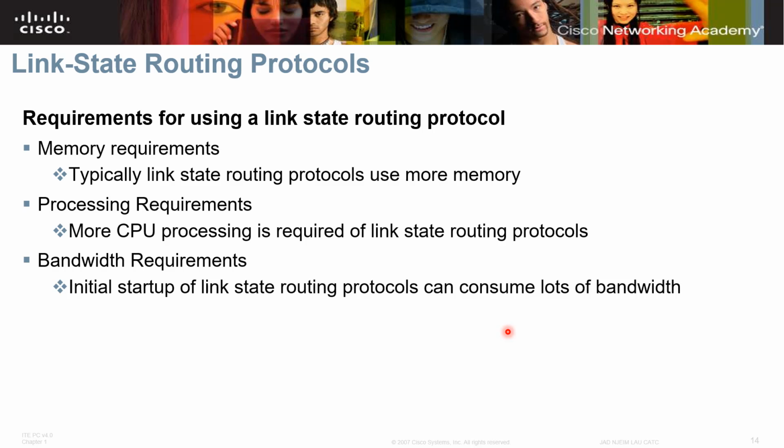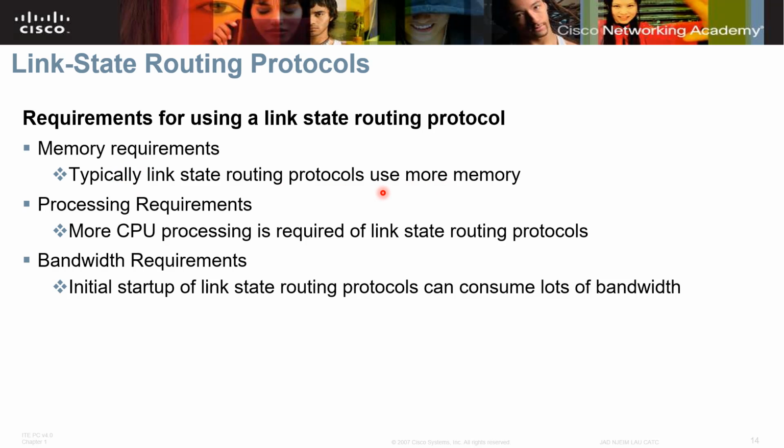What are the characteristics or requirements to use a link state routing protocol? After you see the steps and how a link state routing protocol works, what are its requirements? First, memory: does it use more or less memory?